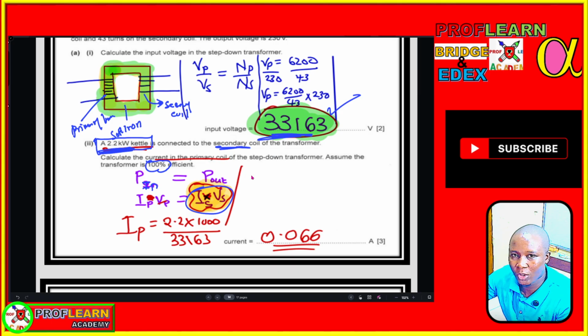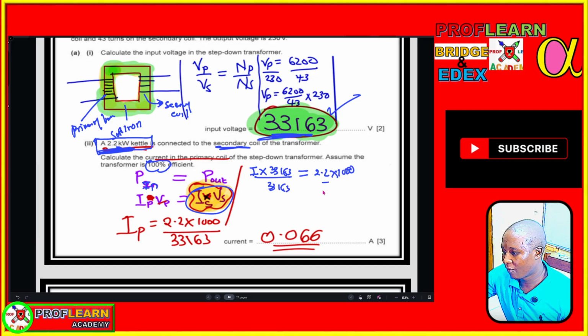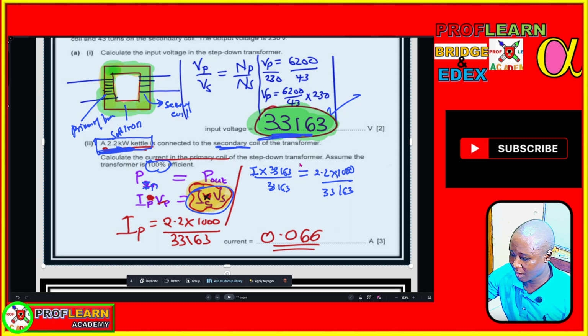So current in the primary coil times the voltage in the primary coil, which we had gotten as 33,163, should be equal to the current in the secondary coil times the voltage in the secondary coil. But current times voltage is power, and the power output in the secondary coil is 2.2 times 1,000 because we have kilowatts, then we divide by 33,163. That's exactly what I did in this particular question.